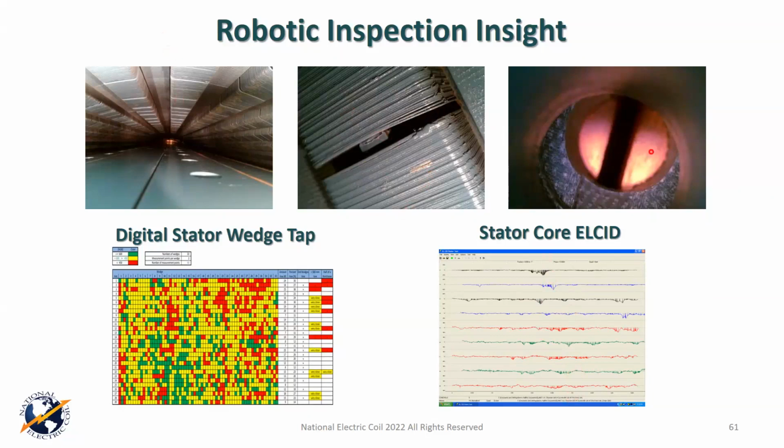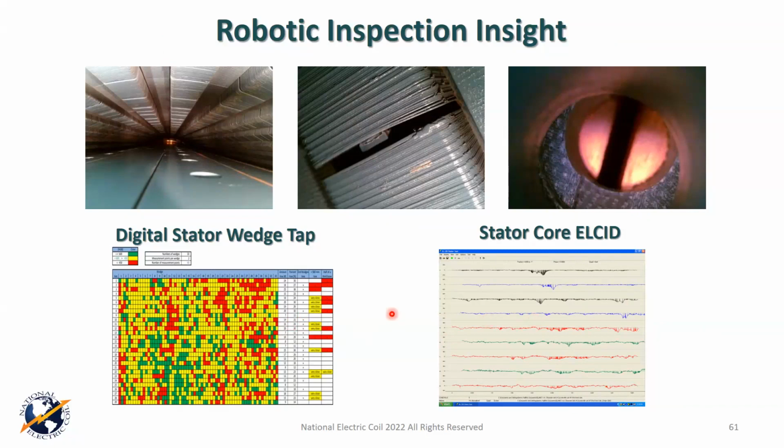Still pictures, excellent video, tremendous clarity, can look at the rotor itself, the stator itself, and can look axially anywhere in the air gap as you're going along, so you can see wedges and other things. It can do the digital wedge tap, it can do the LCID. Great maintenance tool. It can save you from taking the rotor out in some cases.